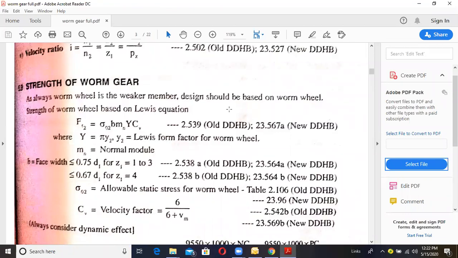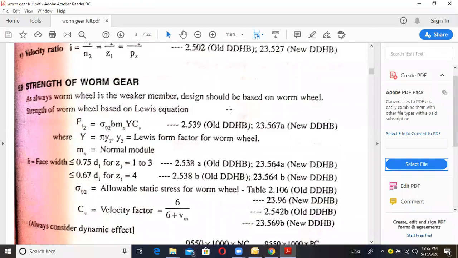According to the weaker member. See, in spur gears, depending upon the weaker member you will design. You will calculate which is the weaker member or weaker component. It may be the pinion or it may be the gear.